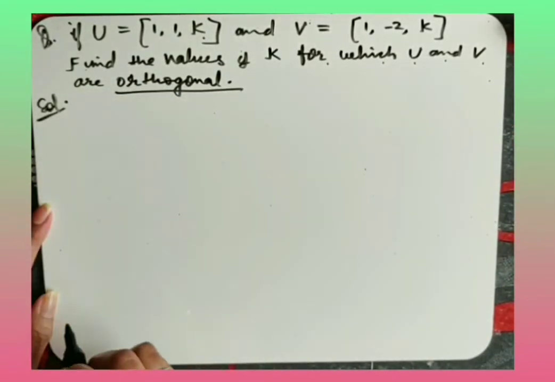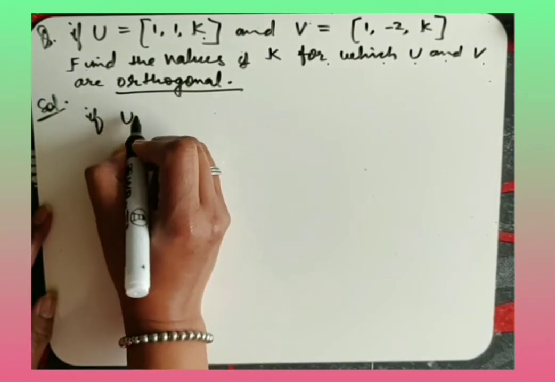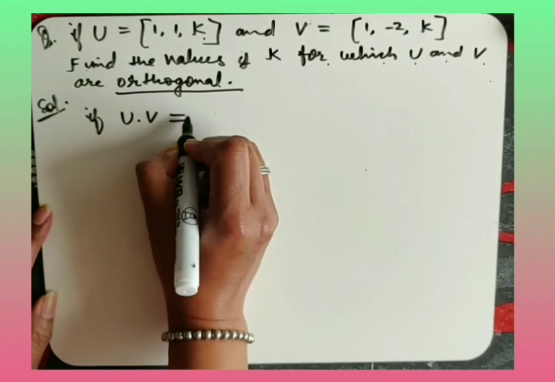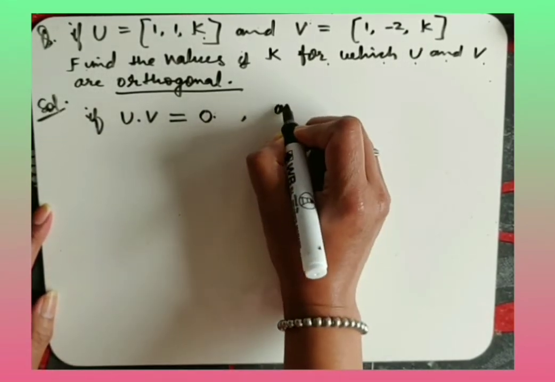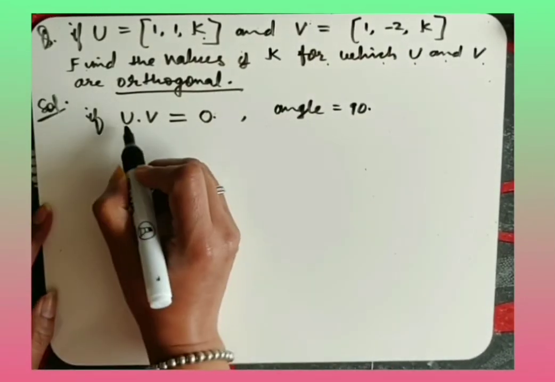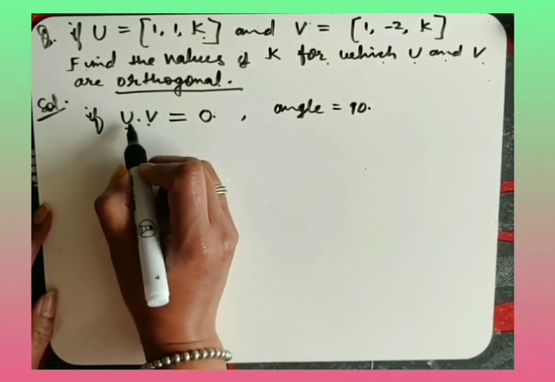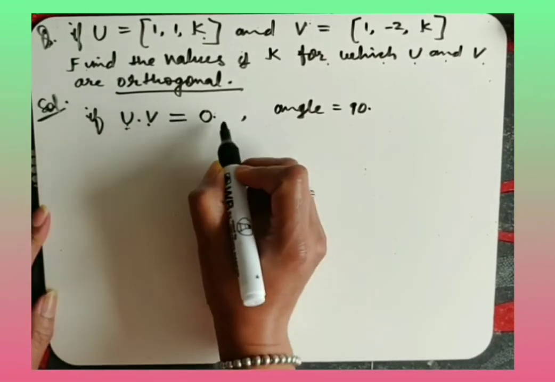Orthogonal means, as I just explained, that if u dot v equals 0, the angle is 90 degrees. It means both vectors are perpendicular to each other, or u and v are orthogonal.